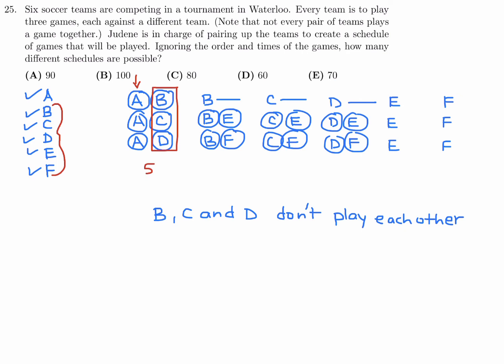Well, from 5 teams that are right here, you have to choose 3. So it's 5 choose 3. And 5 choose 3, if you're not familiar with factorial notation or choose notation, it's 5 factorial over 2 factorial over 3 factorial. And that is equal to 10. So that means that this scenario that I just drew right here has 10 possible ways to create.